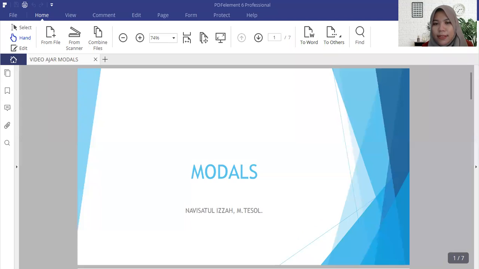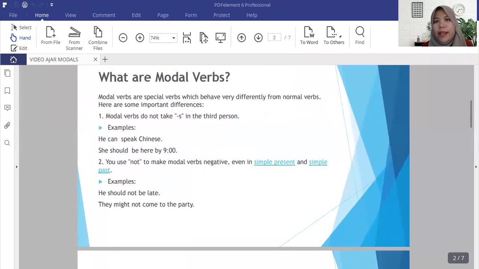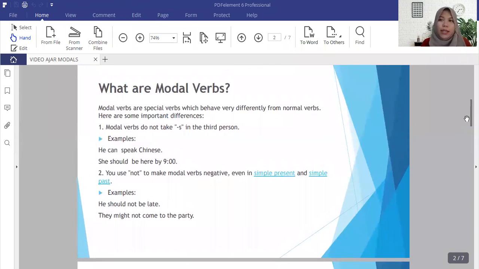So modals, as I said before, are different from common or normal verbs. Why? Because there are some important differences. The first one is that modal verbs do not take s in the third person.